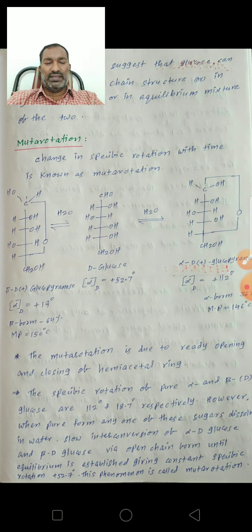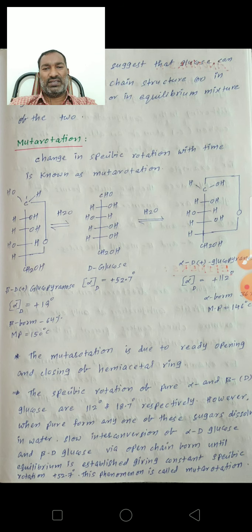The specific rotations of pure alpha and beta D glucopyranose are 112 degrees and 19 degrees respectively. However, when any one of these sugars is dissolved in water, slow interconversion of alpha D glucopyranose and beta D glucopyranose occurs.